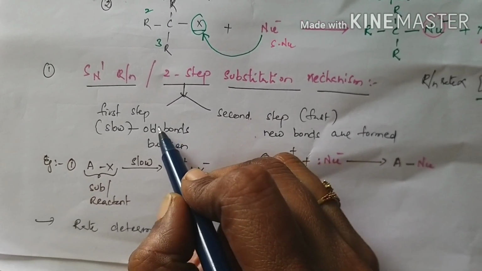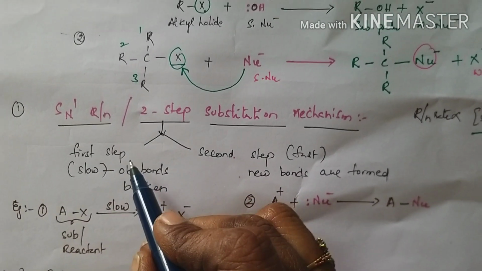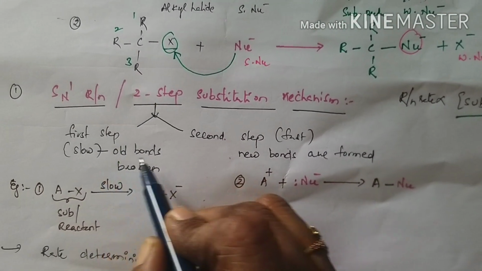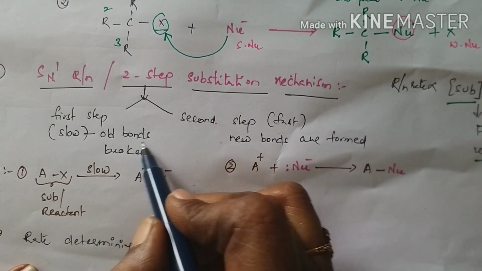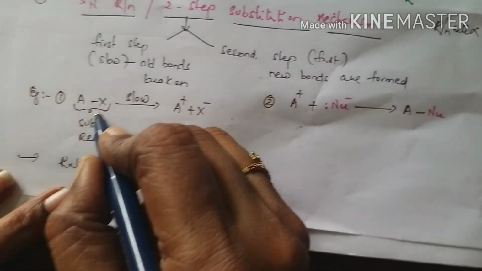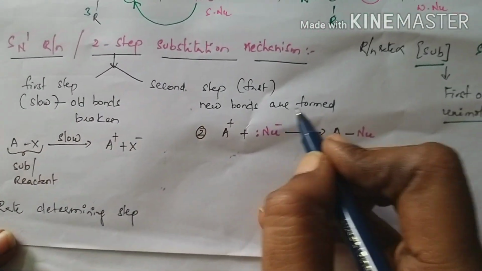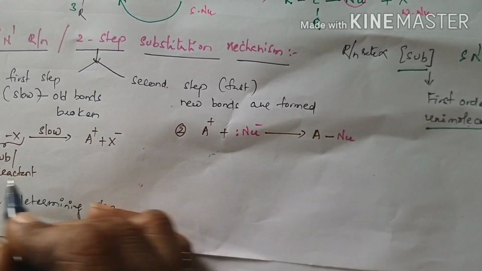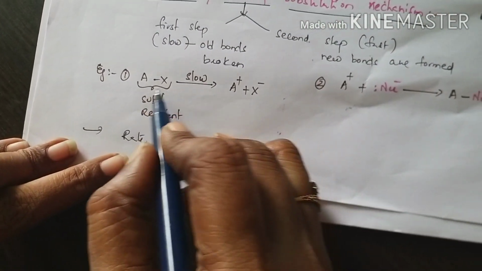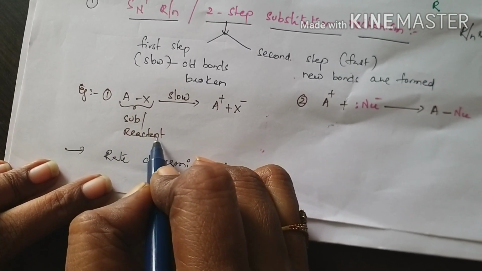One is the first step and the second is the second step. The first step is a slow step and the second step is a fast step. In the first step, old bonds are broken in the reactant or substrate. In the second step, new bonds are formed between the nucleophile and the substrate. Students, see the structure. AX is the structure of the substrate or reactant.